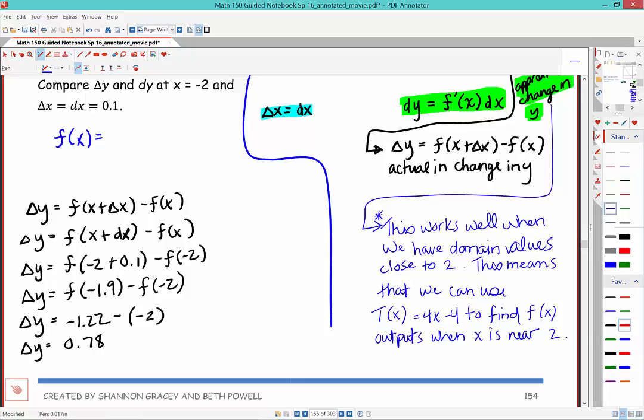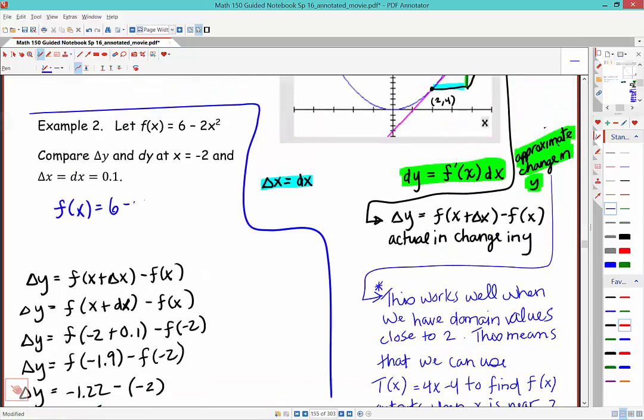Now, where'd our function go? F at x was equal to 6 minus 2x squared. Differentiating, we get f prime of x is negative 4x.